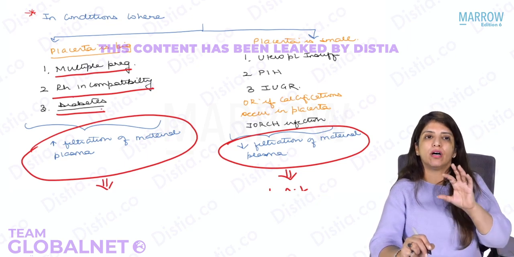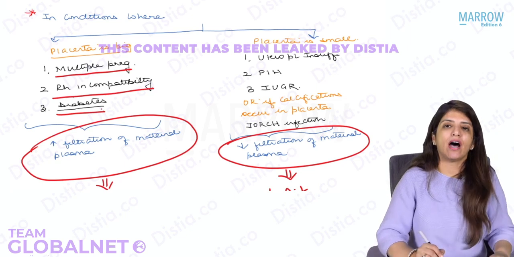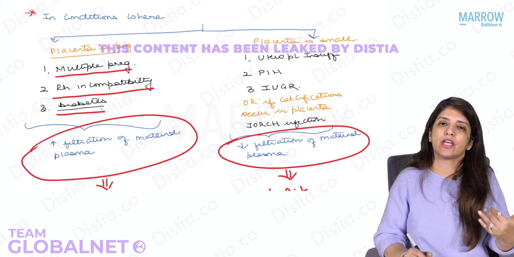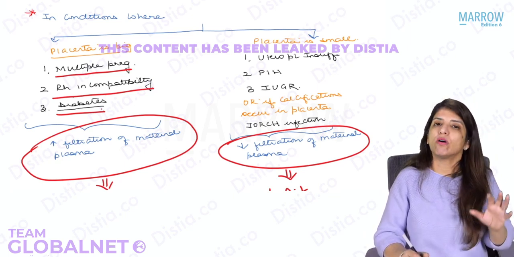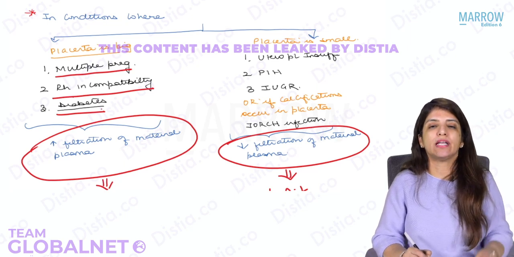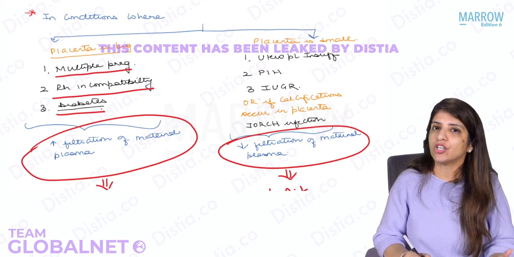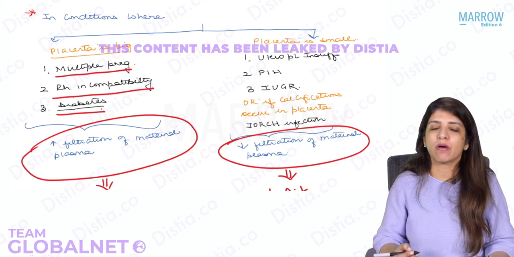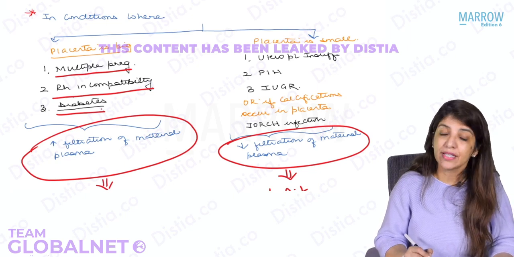Right? Not a non-complicated RH negative pregnancy. Wherever we say RH negative pregnancy, we mean that if it is a case of RH incompatibility, that thing is going to happen. Right? So a big placenta is going to be seen in multiple pregnancy, in RH incompatibility, and in diabetes. So in all these conditions, you are going to get increased filtration of maternal plasma, and in all these conditions, there will be increase in amniotic fluid. Right?